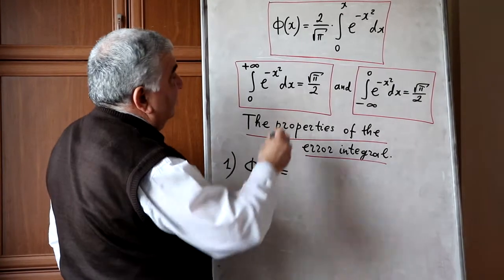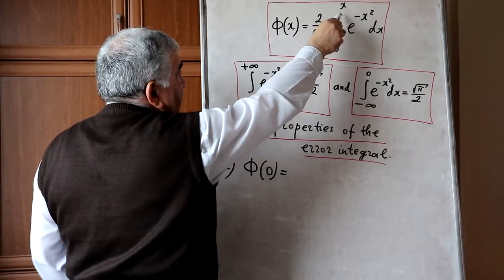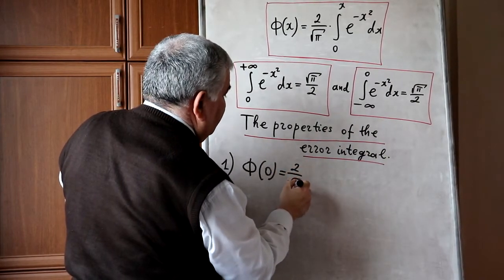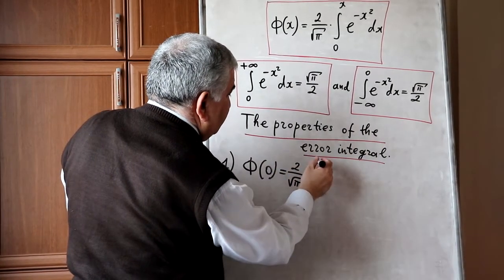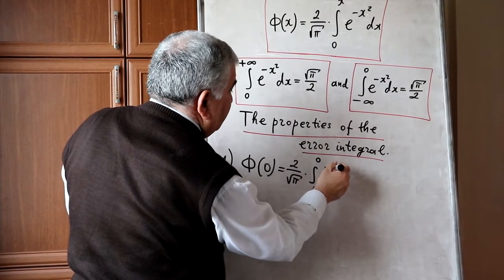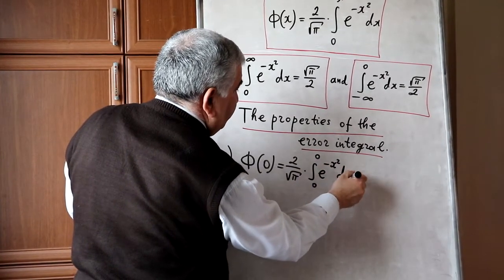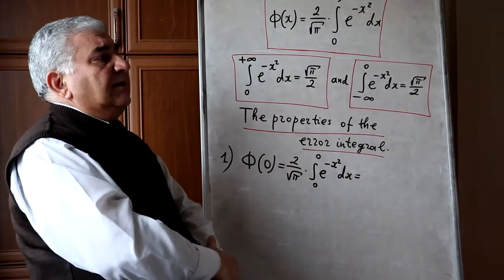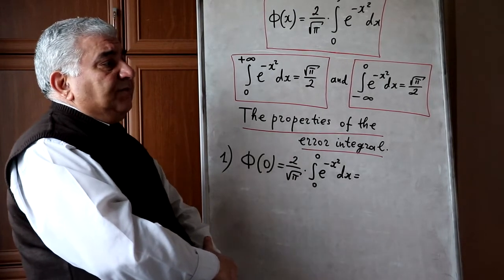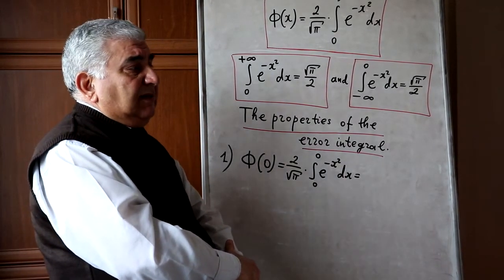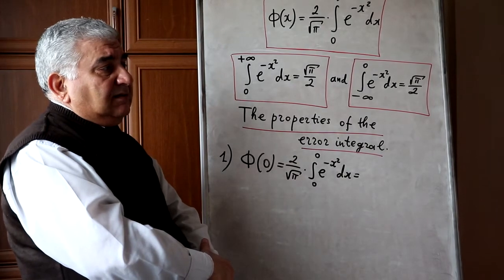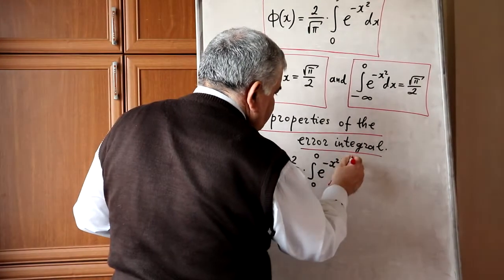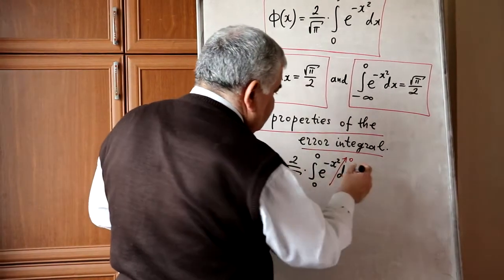Here we must substitute 0 instead of x in the definition of the error integral: 2 over square root of pi multiplied by the integral from 0 to 0 of e to minus x squared dx. You know that if the limits of the definite integral are the same, then such an integral is equal to 0. Therefore, phi at 0 is 0.